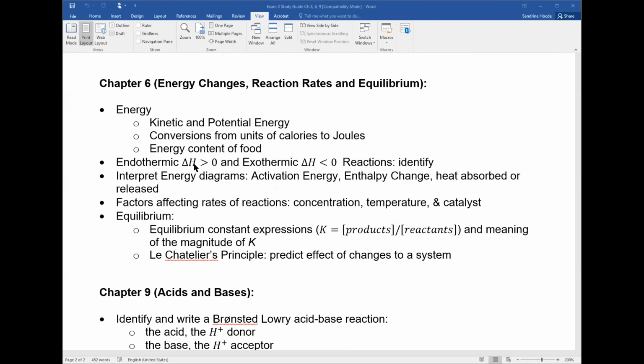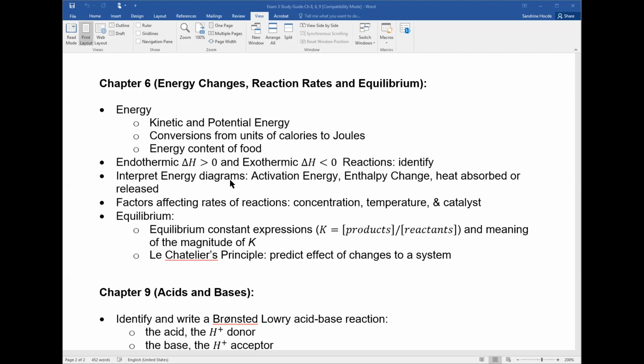So it's both, right? Delta H, the enthalpy change, is positive for an endothermic reaction and negative for an exothermic reaction. So you need to be able to say if a reaction is exothermic or endothermic just by being given the delta H. If it's a negative value, it's exothermic. If it's a positive value, it's endothermic.